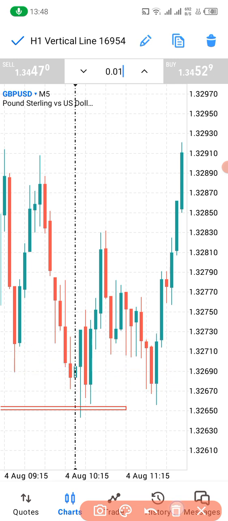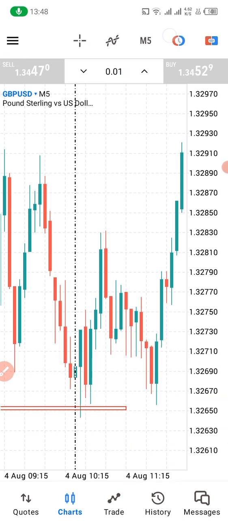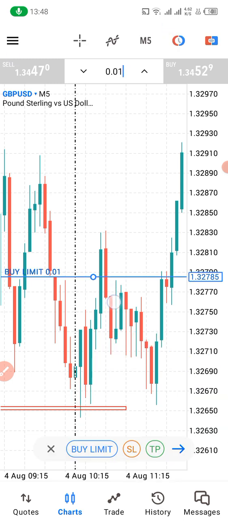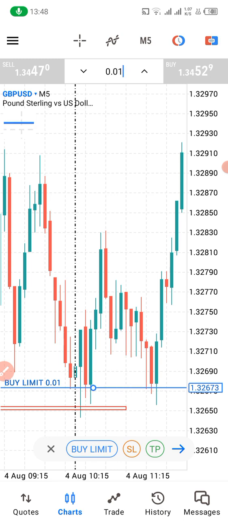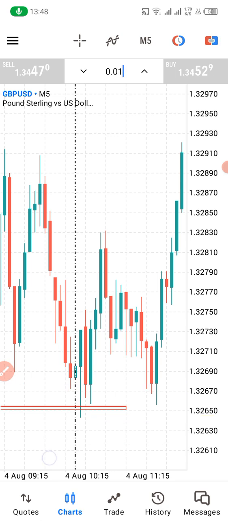Okay. So yeah, you can see that price actually, and you could have just added your, let's say maybe you want to enter from this side. Okay. Then with your stop loss around here, do you see that? Okay.